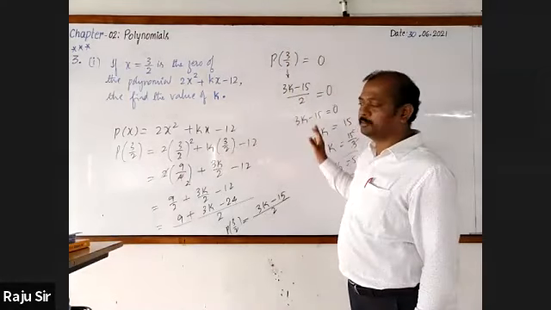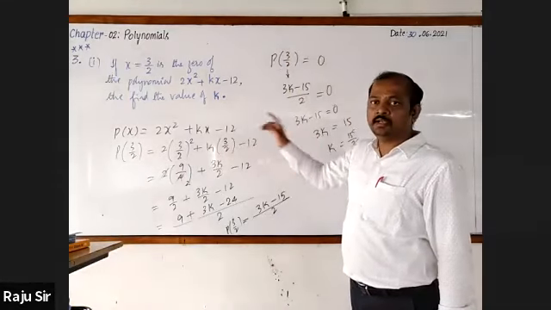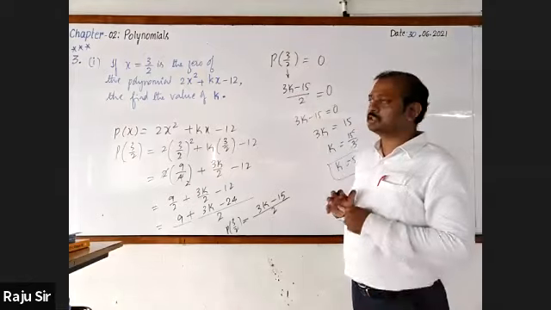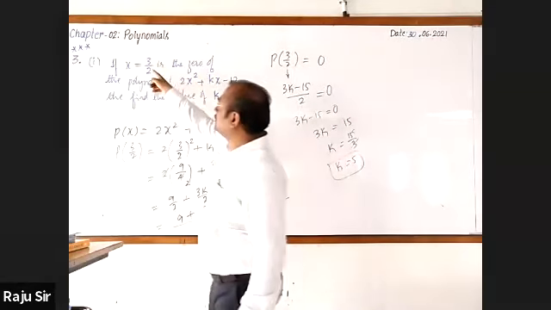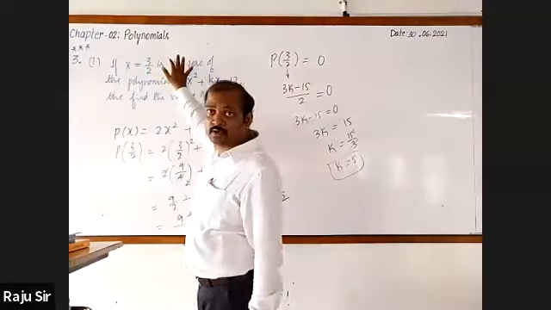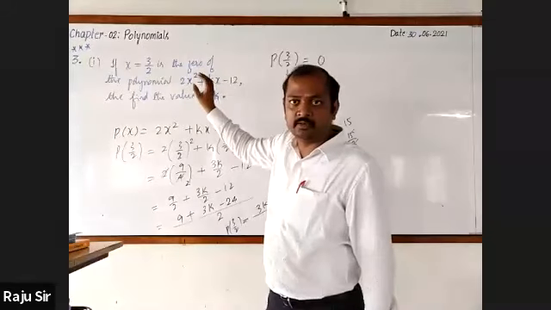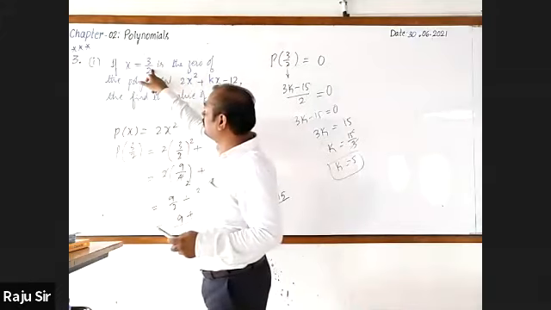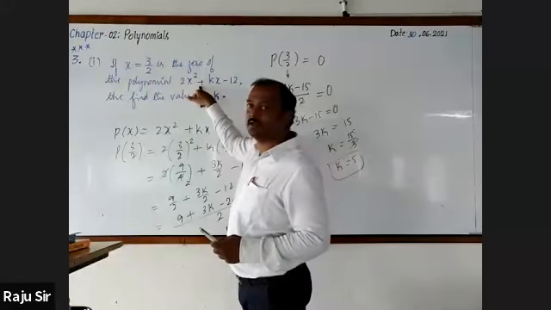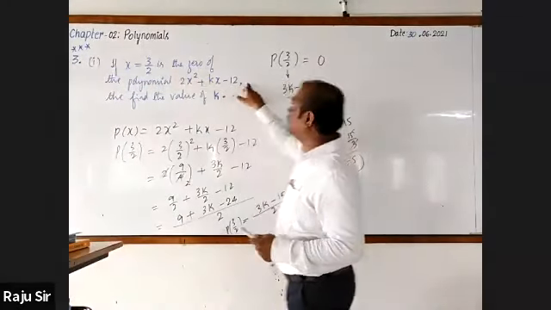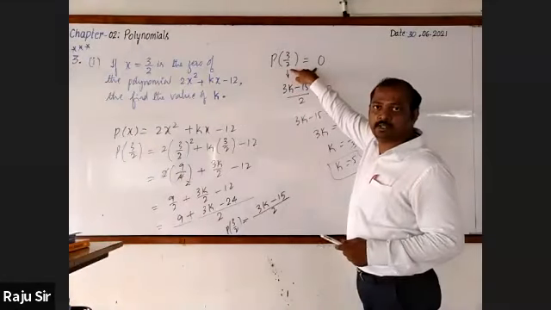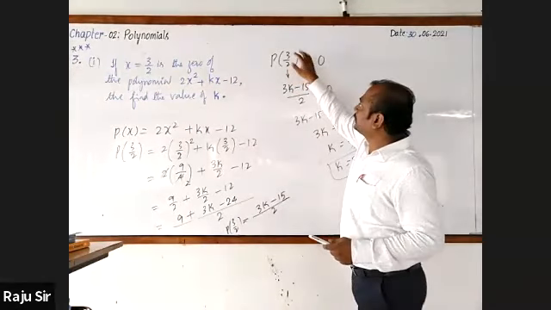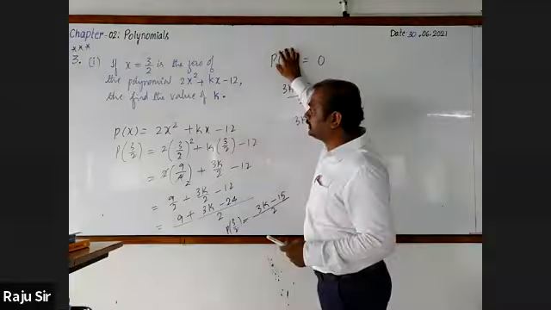First, you understand the meaning. Then afterwards, listen to my explanation. Here, 3 by 2 is the zero of the given polynomial. This is the statement given. According to this, when it is substituted here, the value should be 0. I have done the same. P of 3 by 2 is 0. But we do not know P of 3 by 2.